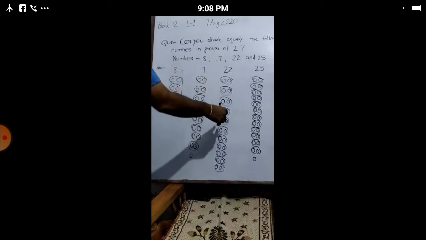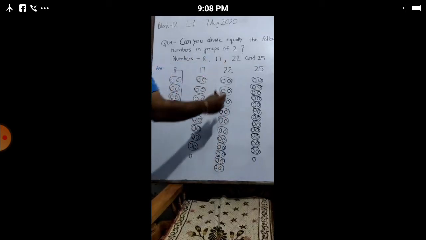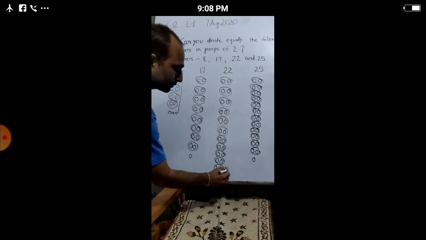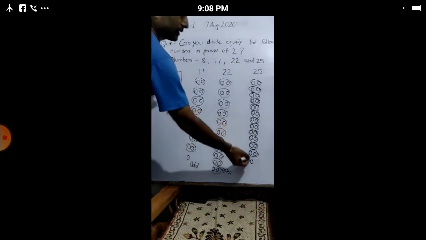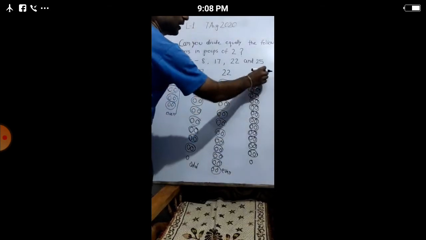And children, here you can see 22. No object is left, so it is also an even number. But children, here in 17 you can see 1 is left, so it is an odd number. And in 25 you can see 1 object is left, it is called an odd number.